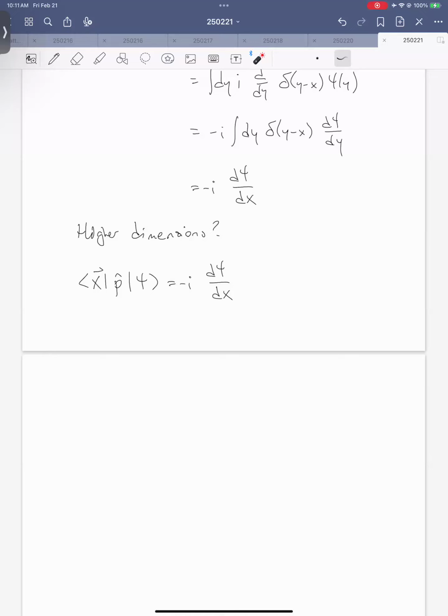So this is going to become minus i gradient with respect to x acting on psi of x. Okay, cool.